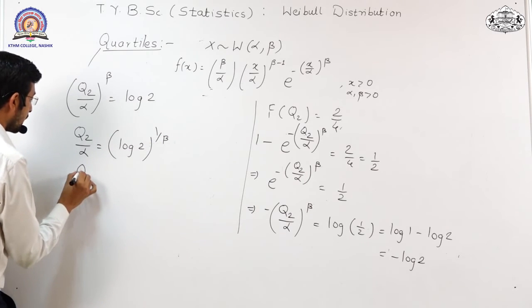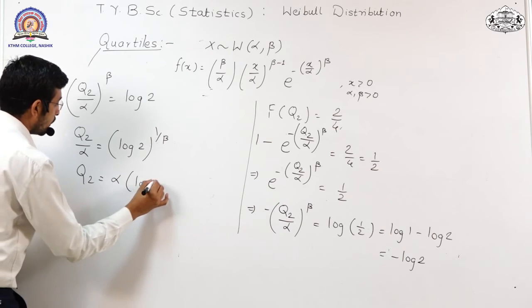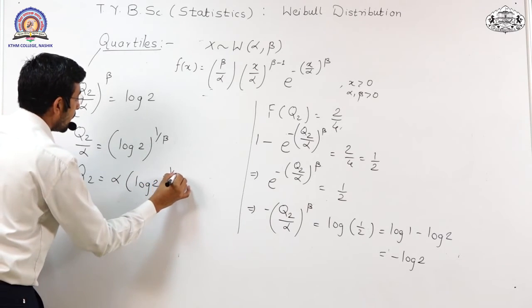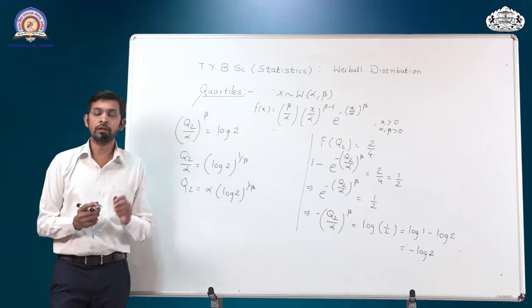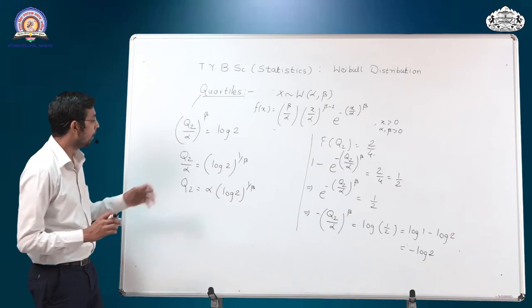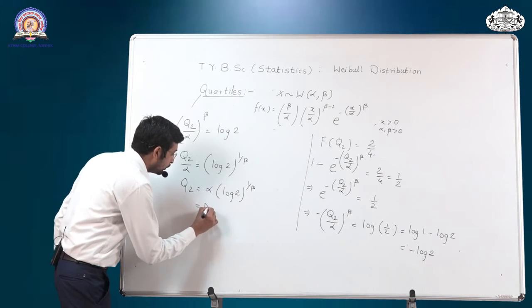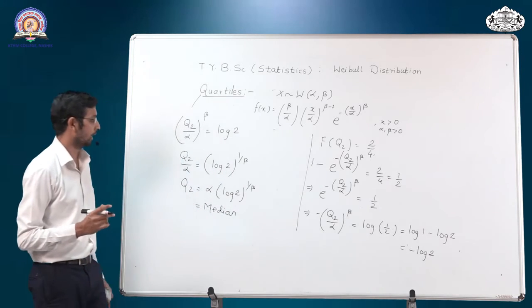That means the second quartile is nothing but alpha into (log 2) raised to 1 upon beta. Now we know that the second quartile is nothing but the median of the distribution. So this is again the median of the Weibull distribution of parameters alpha and beta.